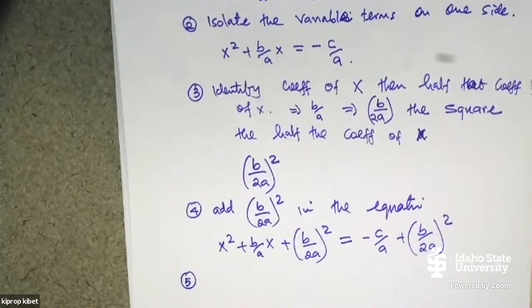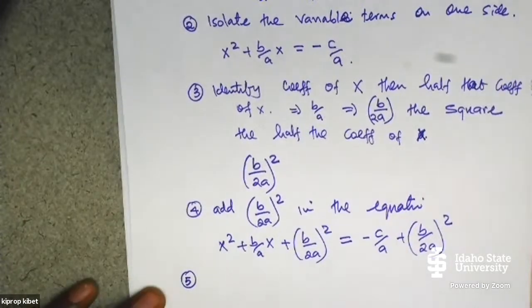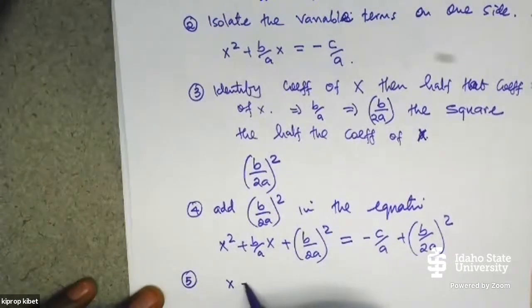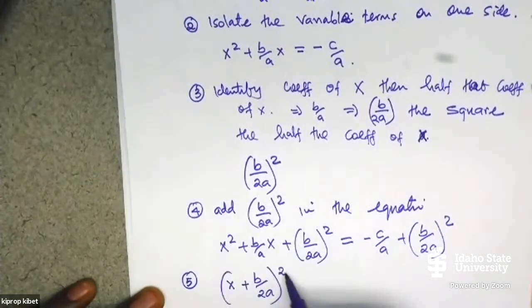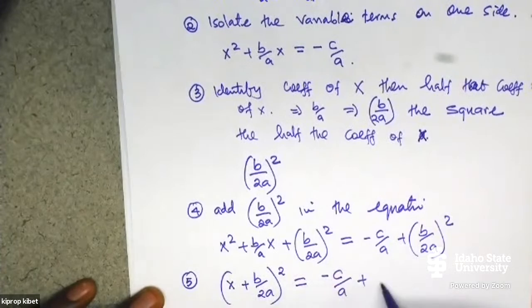So this now becomes x plus b over 2a, squared, equals minus c over a plus b over 2a, squared.